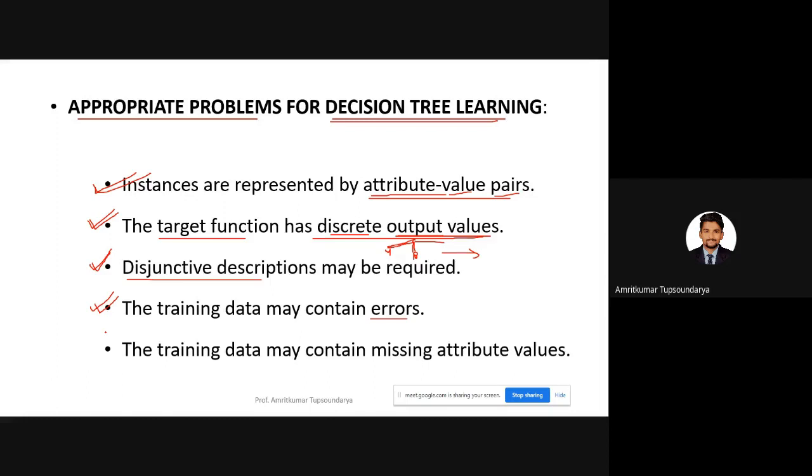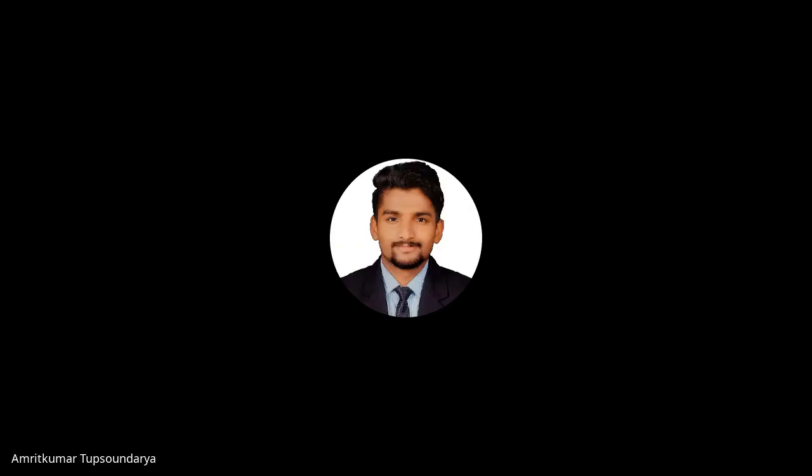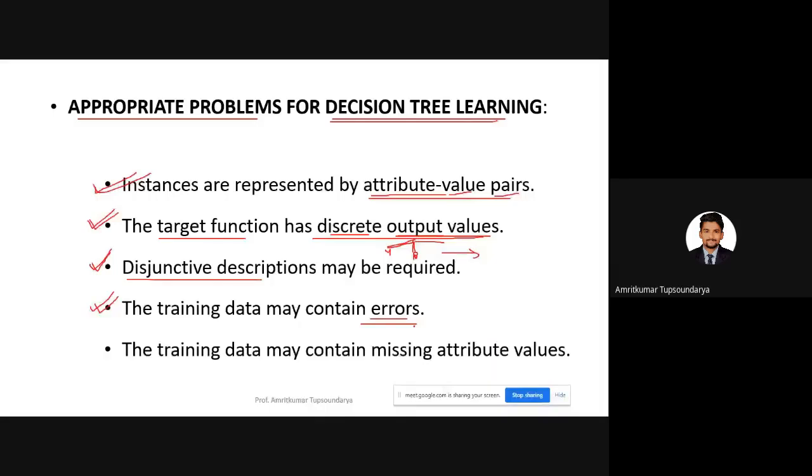So if we have a data set which can have a few errors, then it can be treated under the decision tree learning framework. The reason is simple: decision tree learning is more robust to errors.